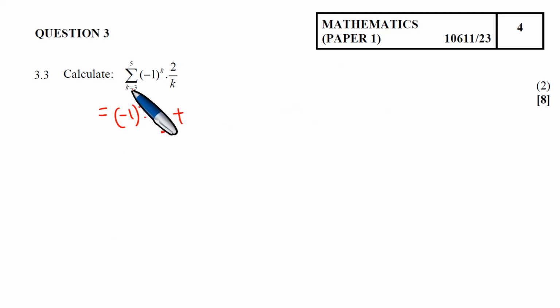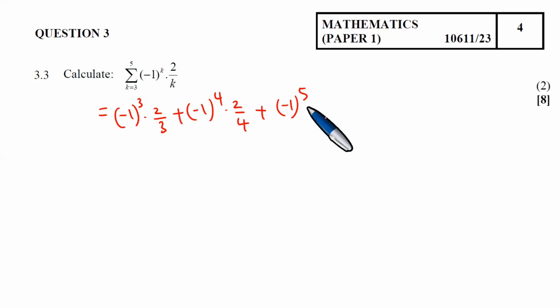We add, so next we put 4, which means it is -1 to the 4th power, 2 out of 4. The last one is -1 to the 5th power, 2 out of 5. We're starting from 3 to 5, substituting wherever there is k: first 3, next 4, next 5.